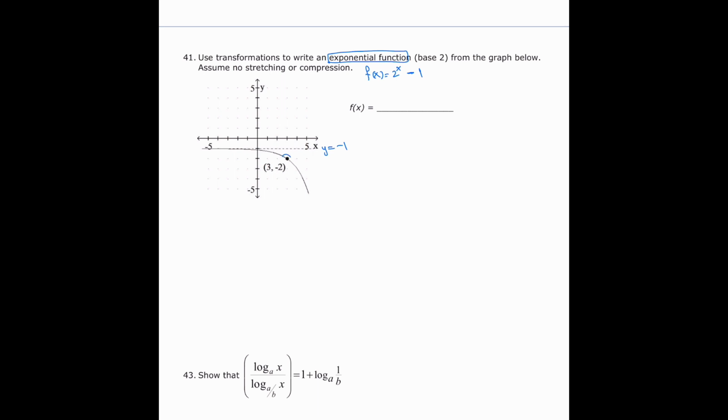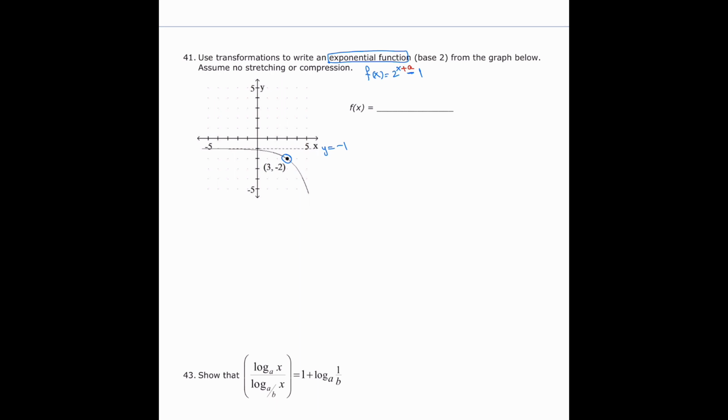But then you notice again that there was a horizontal shift that affects the x value. So I'm going to say the new function is going to look like x plus, let's say, a again, and we're going to find that a.